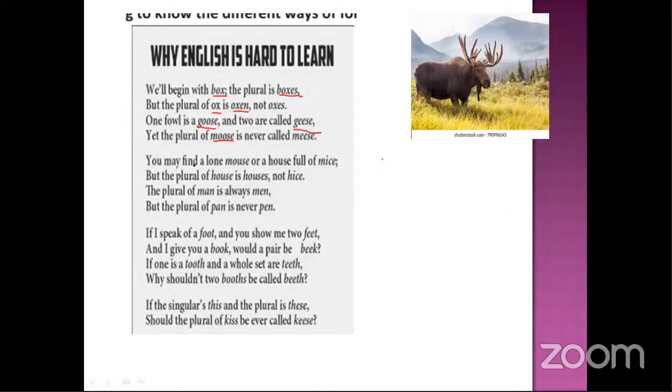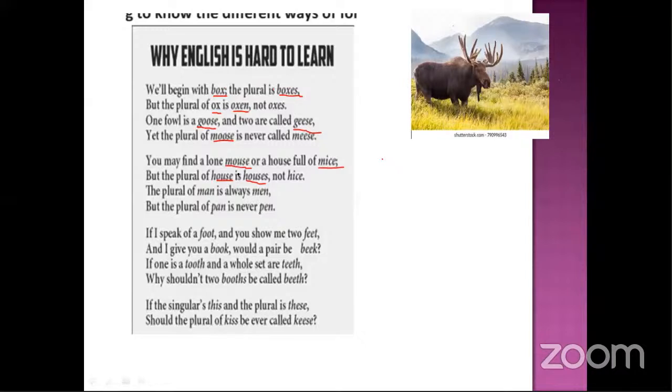Next one. You may find a lone mouse or a house full of mice. Mouse, mice. But the plural of house is houses, not hice. House, houses. Now, while you are reading this poem, you can also underline these nouns. The nouns I'm underlining, you can follow.